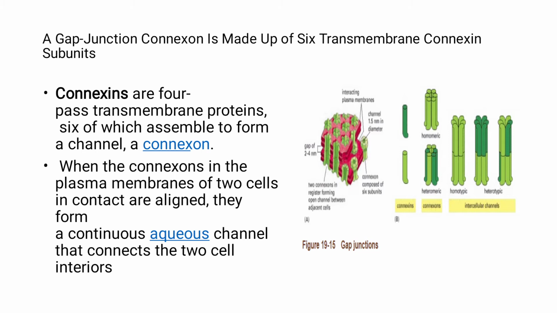Two connexons join across the intercellular gap to form a continuous aqueous channel connecting the two cells. In figure B, it shows the organization of connexins into connexons and connexons into intercellular channels. The connexons can be homomeric or heteromeric, and the intercellular channels can be homotypic or heterotypic.